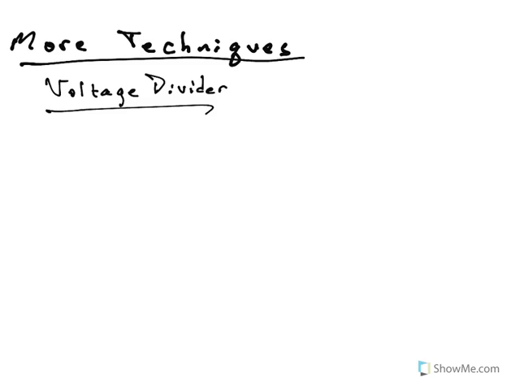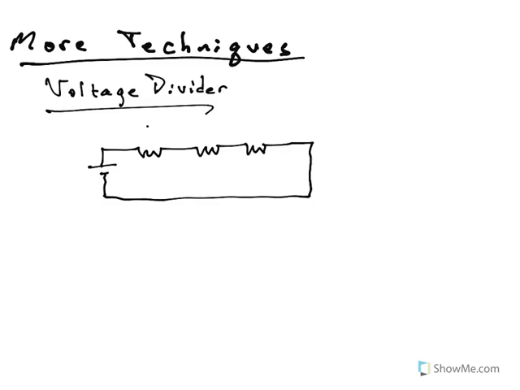So for instance, let's say we have a circuit that looks like this. Let's say this is R1, R2, and R3. This is the voltage of the source. And let's say, for whatever reason, we want to know what is the voltage across this second resistor, call it V2.